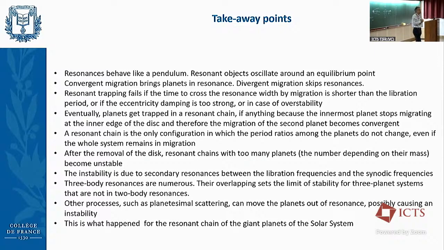But typically, when you see the resonance chains that survive, the planets have comparable masses, like TRAPPIST. There is not a big mass ratio. But in general, you have a more stable chain if the planets are ranked with decreasing mass, because the outer resonance is more stable.